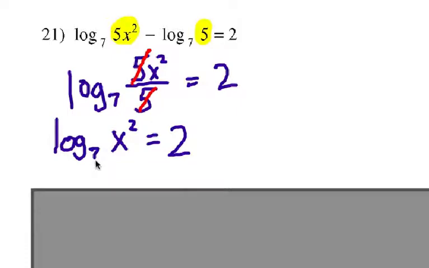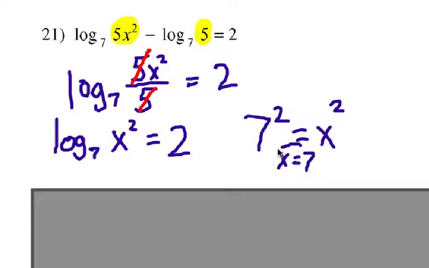So remember that 7 is the base, and here this 2 is the exponent, so 7 squared equals this value right here, x squared. Alright, and you can see it's pretty easy. If 7 squared equals x squared, then x must be 7. Alright, so look what we did. We used a property there to condense it, simplify an expression, and then rewrite it in exponential form.